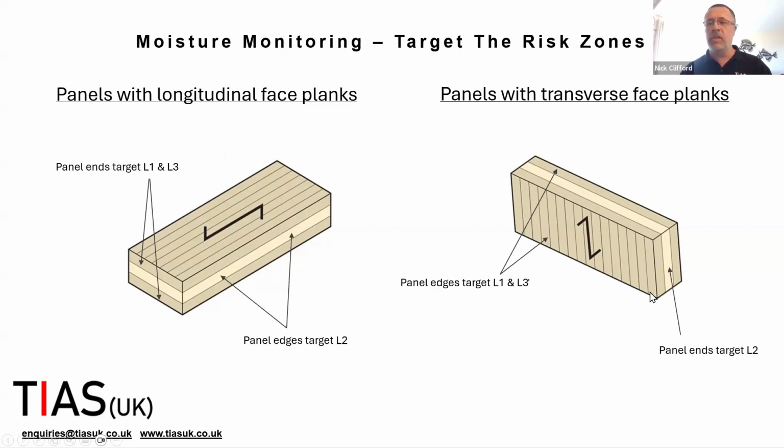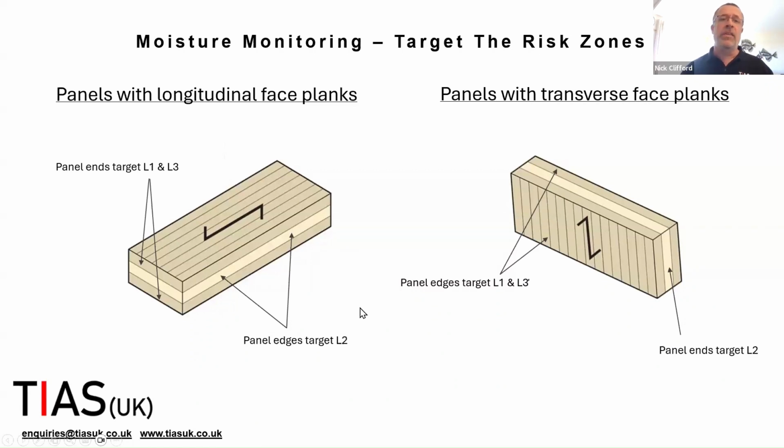If I'm trying to figure out whether this panel has taken up any moisture, I would be looking to take readings at the bottom, within 100 to 150 millimeters of the bottom edge, and I can do it in the face lamella, because that is where moisture is going to be taken up, because the end grain will be facing where there might be some standing water or something like that. Or if this is a parapet wall, then we're looking at whether this is protected during construction to stop moisture uptake in the end grain. So that is how you target your at-risk lamella.